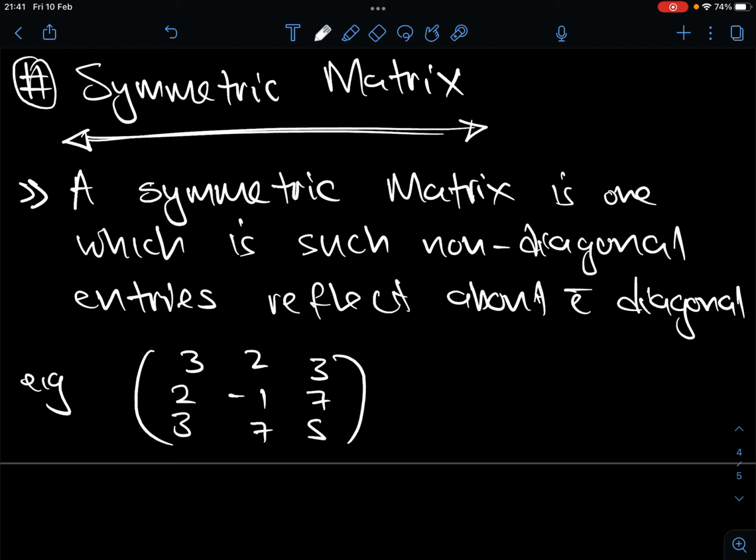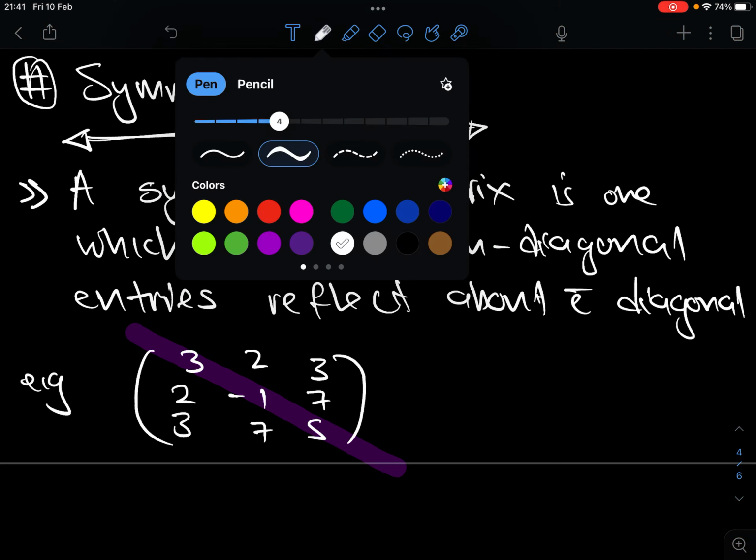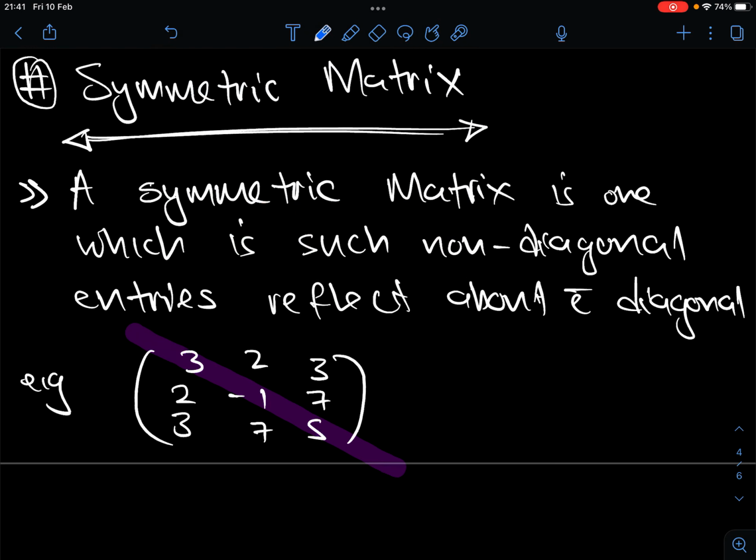If we highlight along this diagonal here, you will see that if you look at these individual elements, like for example 2, 2 is actually appearing as if it has been reflected about the diagonal line.